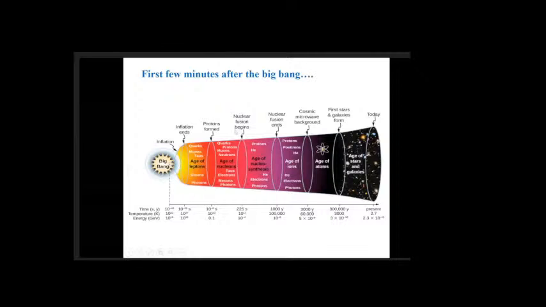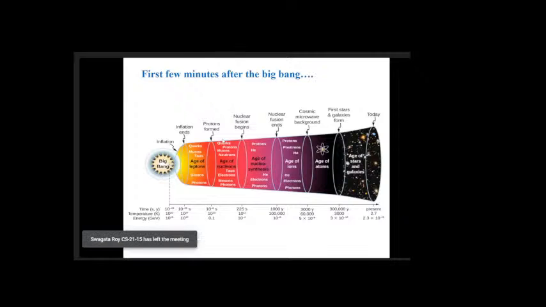But now the universe is expanding and its temperature is going down. So at some point the temperature and density were such that protons and electrons combined and formed hydrogen atoms and helium atoms. In one hydrogen atom you have one proton and one electron, and in a helium atom we have two neutrons, two protons, and two electrons.